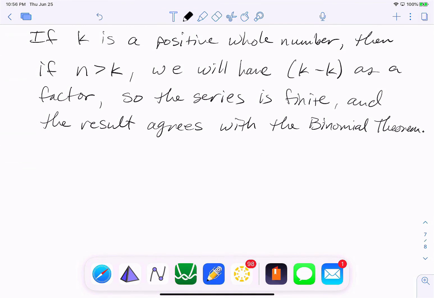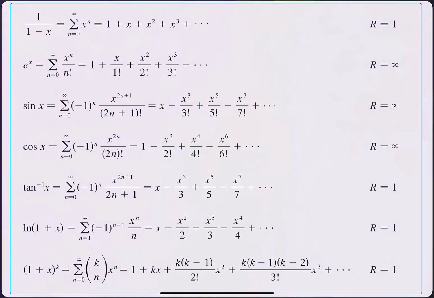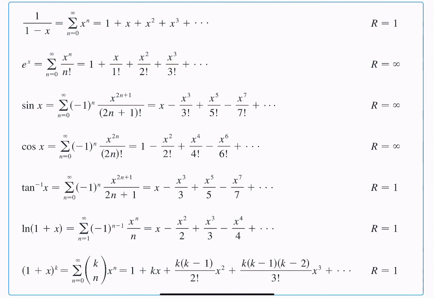Now, folks, we have developed through this series of videos a lot of series. And they are summarized in a table in your textbook. We have the series for 1 over 1 minus x, for e to the x, the sine of x, the cosine of x, the inverse tangent of x, the natural log of 1 plus x, and now the binomial expansion, 1 plus x to the k, where k is any real number.